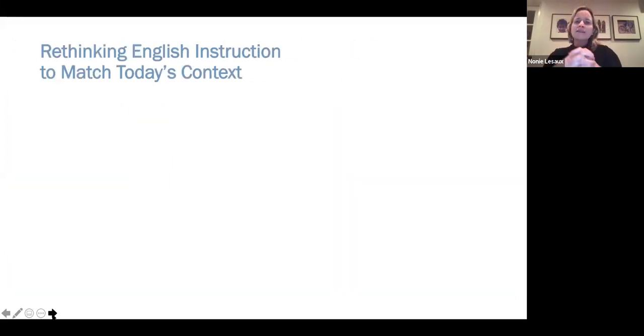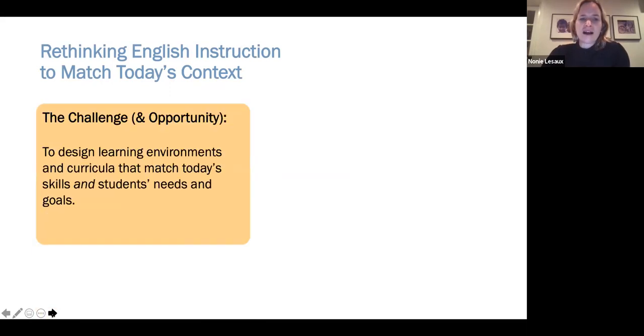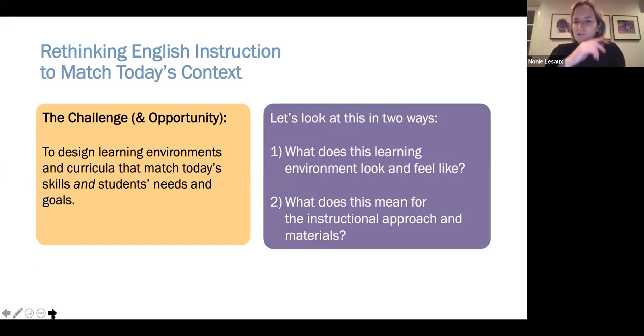But when I think about how to match instruction to today's context, there is a challenge and an opportunity at hand, which is that we want to design learning environments and curricula that match those skills and students' needs and goals. And the truth is they can come together really well in a lot of settings if we really work hard at this. So I'm going to suggest that we look together at this in two ways.